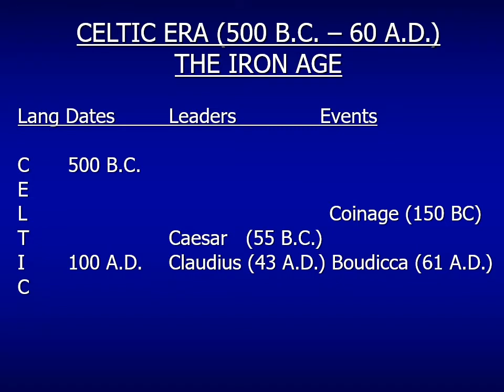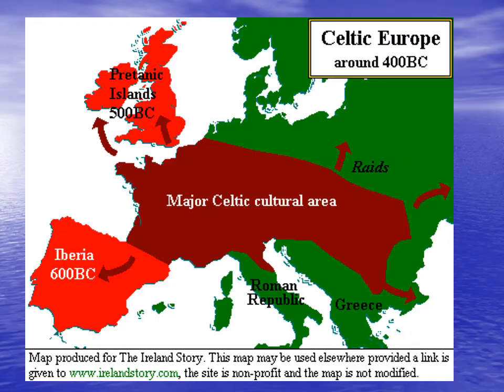So the Celtic era, there was the Stone Age era before the Celts, or maybe they were Proto-Celts, but at least from 500 BC to 660 AD came the Celts. The Celts basically dominated all of Western Europe. You can see on this map, everything in red, even the brighter red, are the Celts.